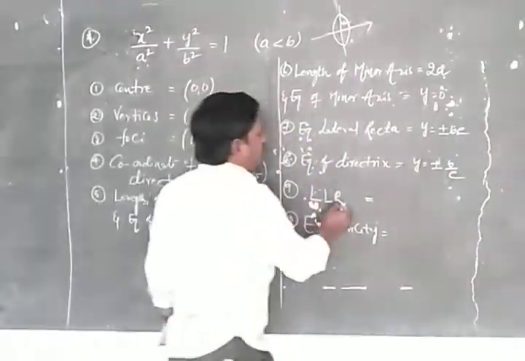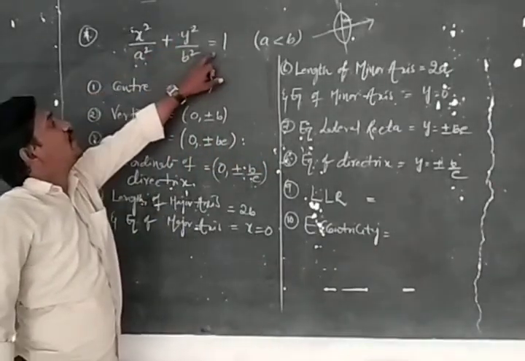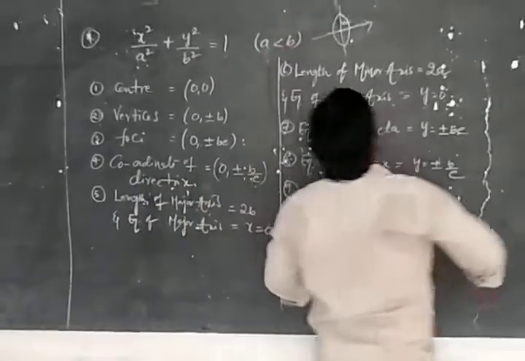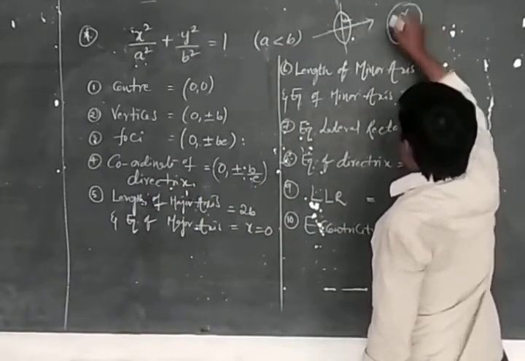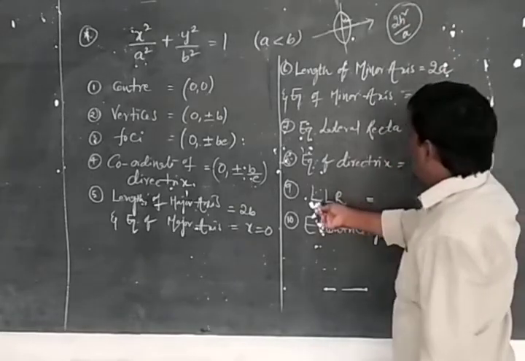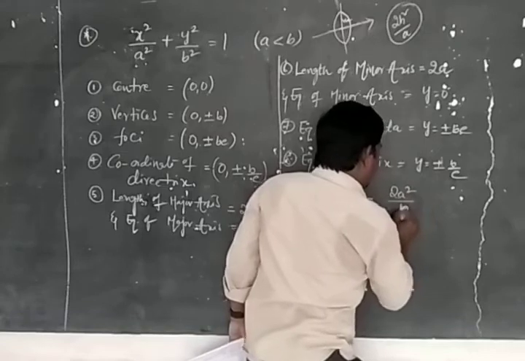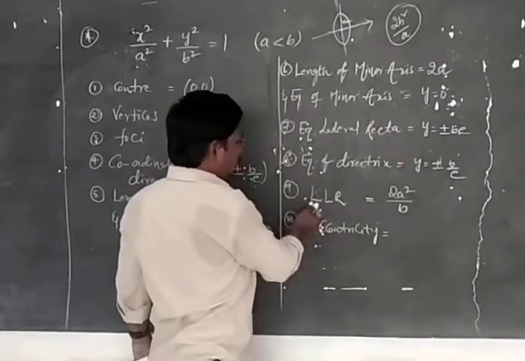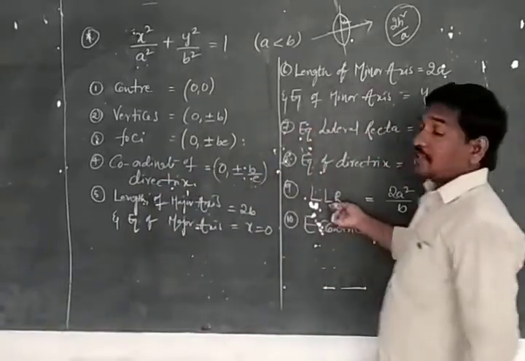And LLR. For x square by a square plus y square by b square equal to 1, a greater than b, we write 2b square by a. So for this case, we have to write LLR equal to 2a square by b. LLR means length of lateral rectum.